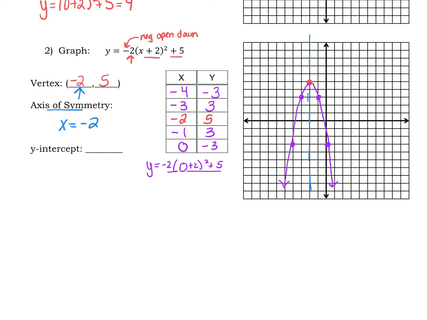Right now, I can see that my y-intercept is right here at -3, but I'm going to double check by plugging in 0 to make sure that it's right. We would get -3 again. So that means I did my math right. So (0, -3) would be my y-intercept.